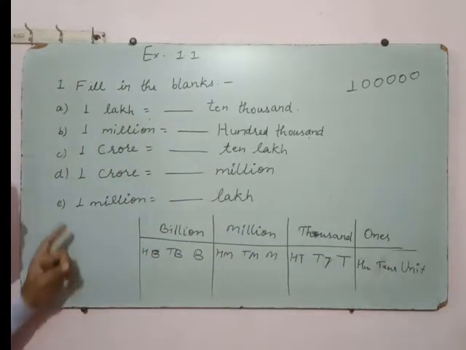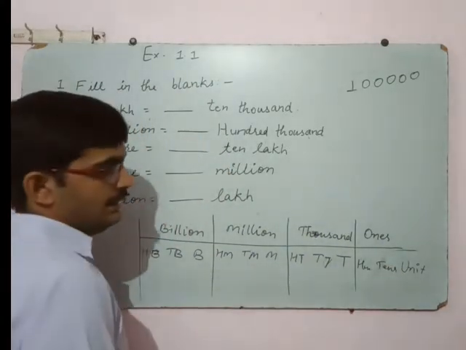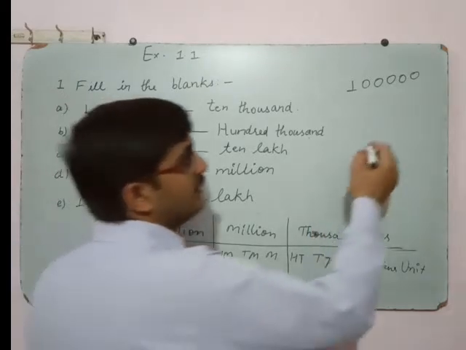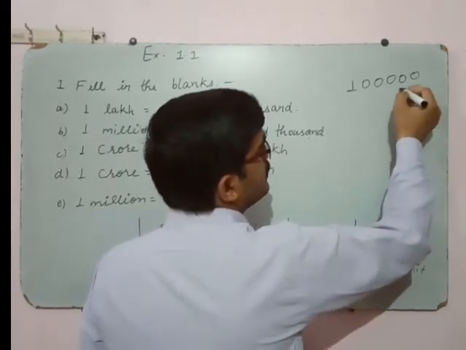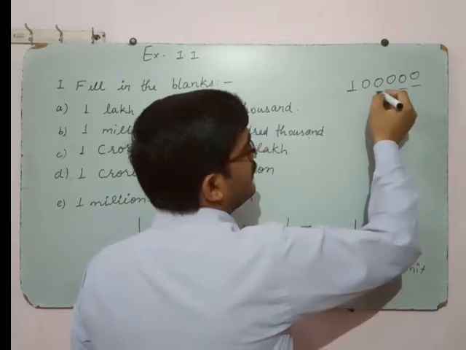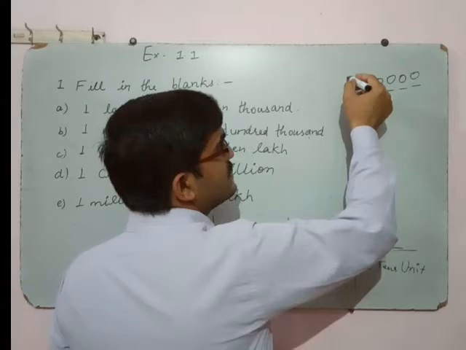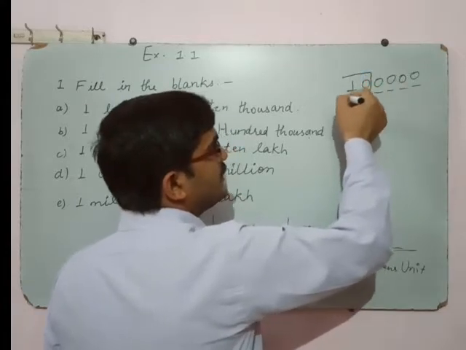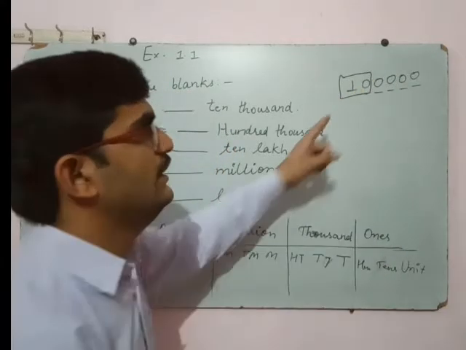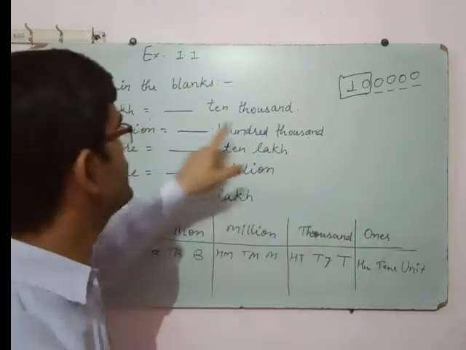What you have to count now? 10,000s. How will you count? Ones, tens, 100, 1000, 10,000. It means 10,000 makes 1 lakh.